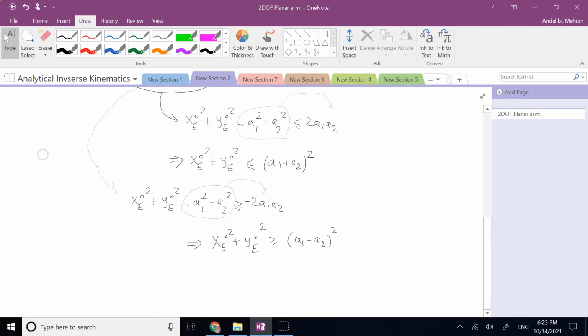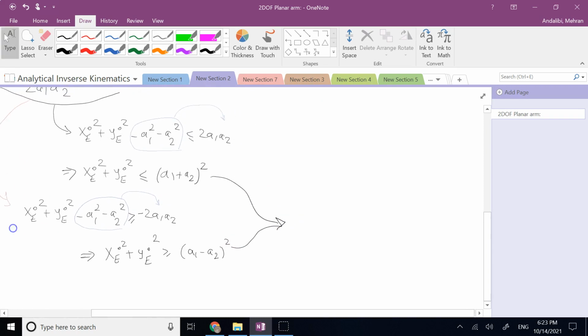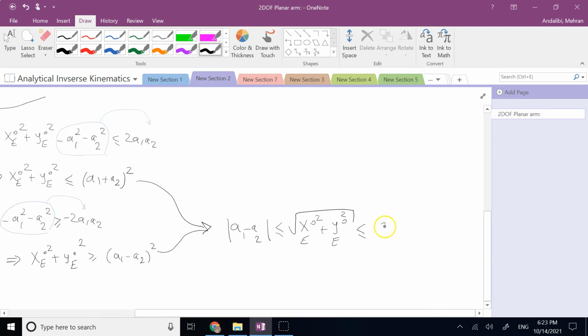And so from these two, you will get your condition. The radial distance to the end effector, if you take the square root, which is this square root, has to be between the two values. One of them is a1 minus a2, or you can say the absolute value of a1 minus a2, and the other one is a1 plus a2.